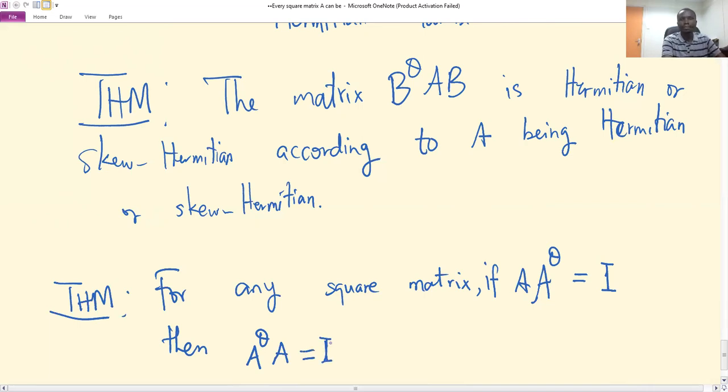That is, if A times A power theta is identity, then if you reverse the order of multiplication, you still get back the identity matrix. Thank you.